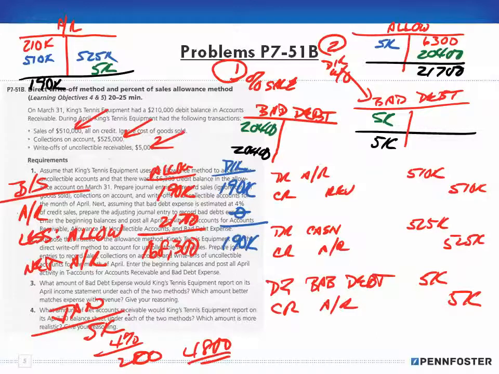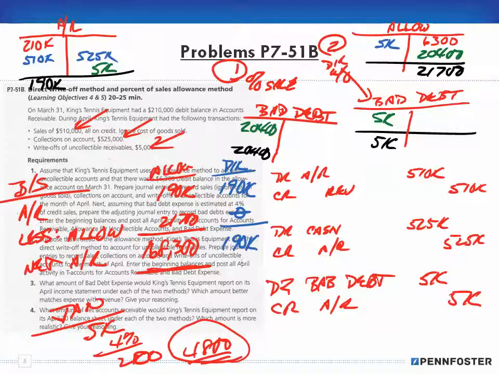We're matching up how much we're actually writing off using the allowance account with our accounts receivable. So that gives us a more accurate representation of our accounts receivable.